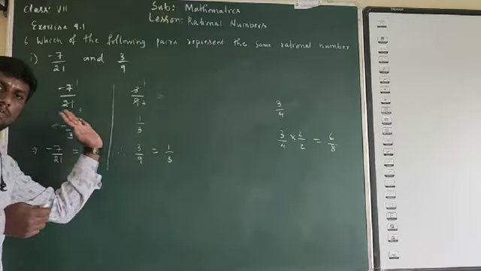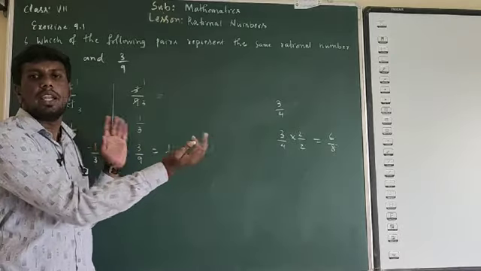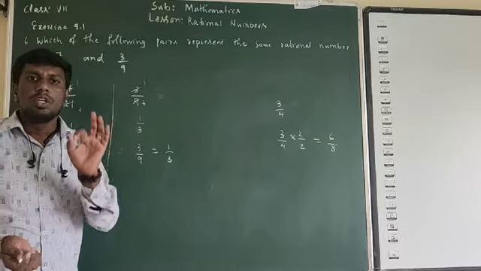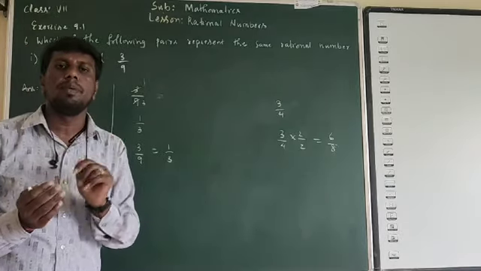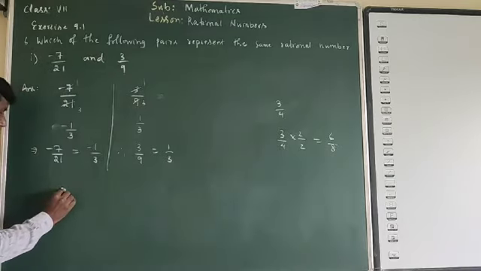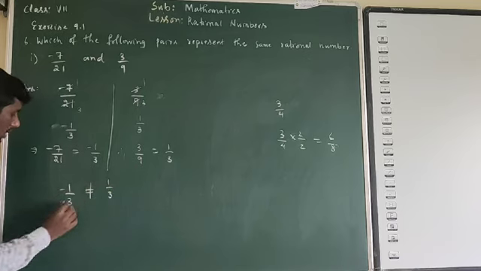One will lie on the left side of 0, another on the right side of 0. Both will be entirely different if I place only a negative sign. Therefore, the sign of the value plays a very important role in mathematics. So minus 1 by 3 is not equal to 1 by 3.